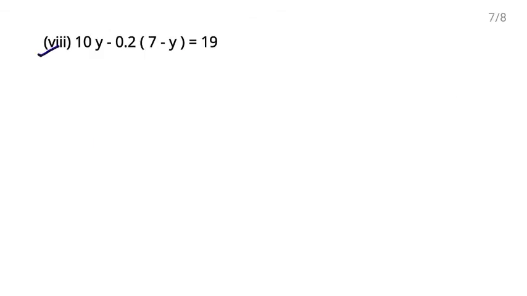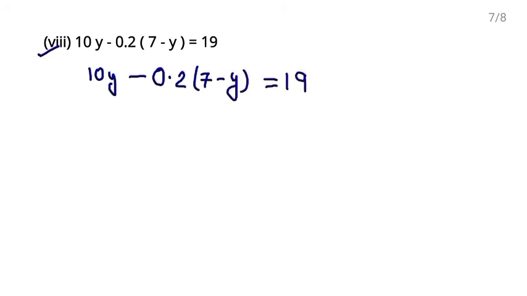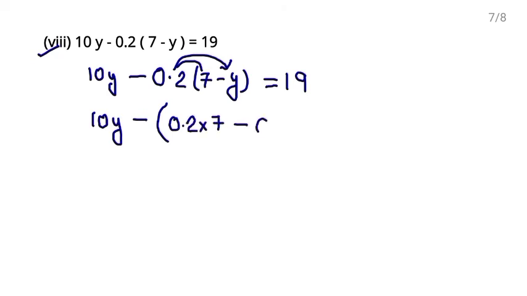Next part, eighth part. 10y minus 0.2, in bracket we have 7 minus y, is equals to 19. Again we will use the distributive property here because outside the bracket we have 0.2. 10y minus, 0.2 multiply 7 minus 0.2 multiply y.